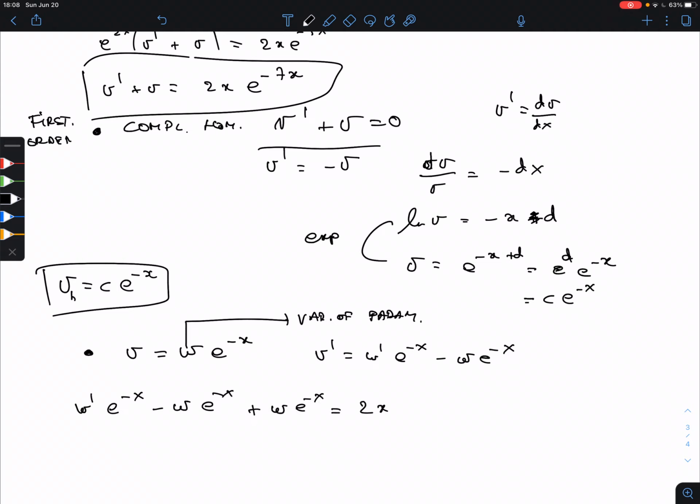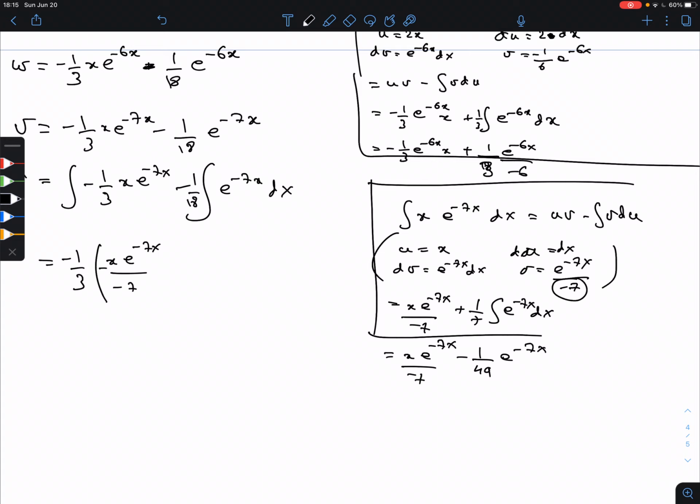Okay, so this is minus 1/3 of that guy, which is x e to the minus 7x over negative 7, or let's put a negative here, minus e to the minus 7x over 49, minus 1 over 18, and this one is just e to the minus 7x over minus 7.